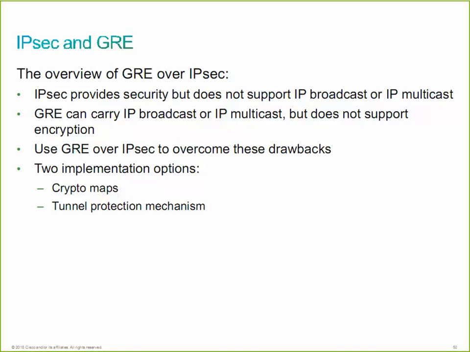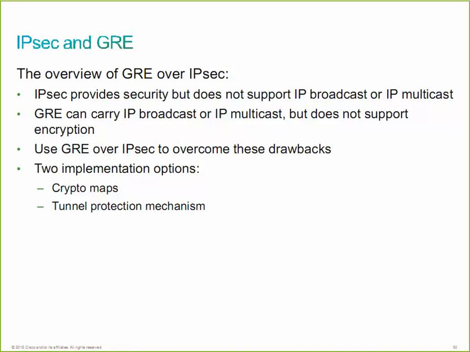Now, there are two options when we're implementing GRE over IPSec. We can use crypto maps, or we can use tunnel protection. And we see that listed on the slide, the ability to use crypto maps or tunnel mode protection. If I'm using a crypto map, the packets get routed to the tunnel interface.